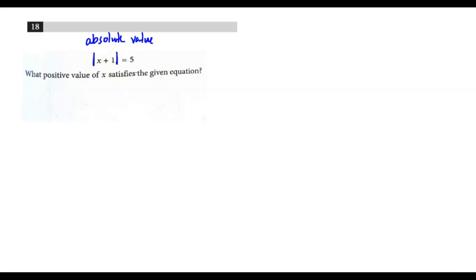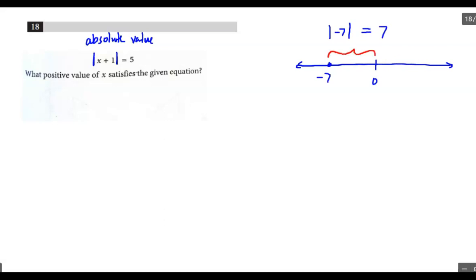So if they were to say, hey, what is the absolute value of -7? Well, the answer to that would be +7. Because all it's really saying is if you have a number line and you have a coordinate at -7, it's just wanting to know what is the absolute distance, what is the value of that distance from -7 to 0.